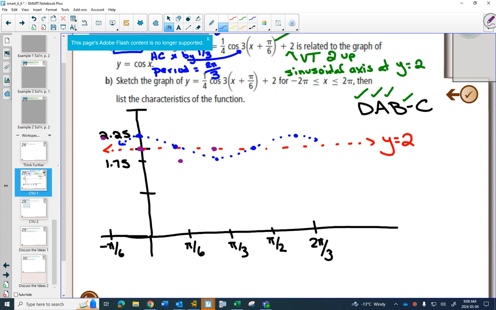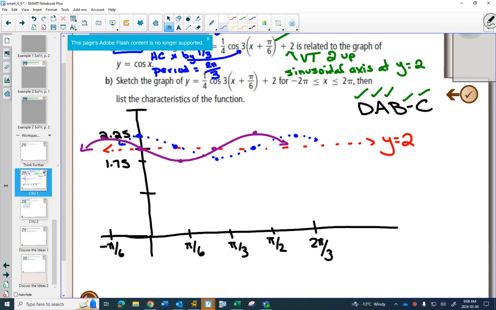Everyone is getting shifted back pi over 6. And typically on the exam or on my tests, I will say to graph for at least one period and you would be done, okay?